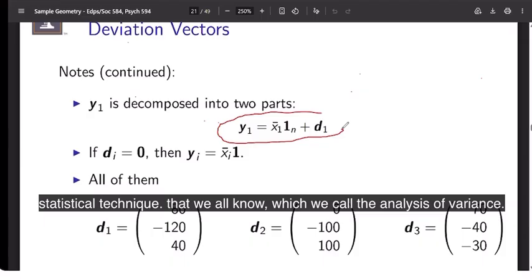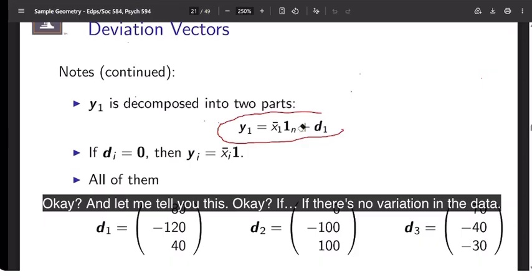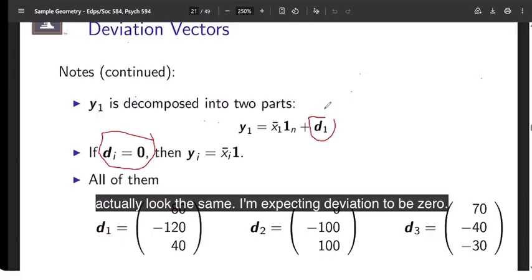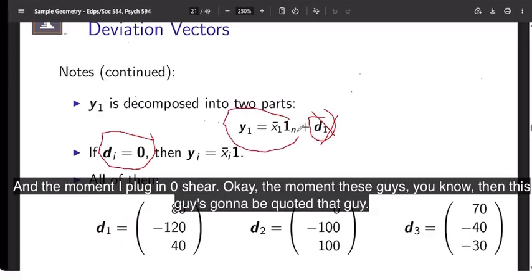If there's no variation at all in the data, if all data look the same, I'm expecting deviation to be zero. And the moment this guy is zero, then this guy is going to be equal to that guy.